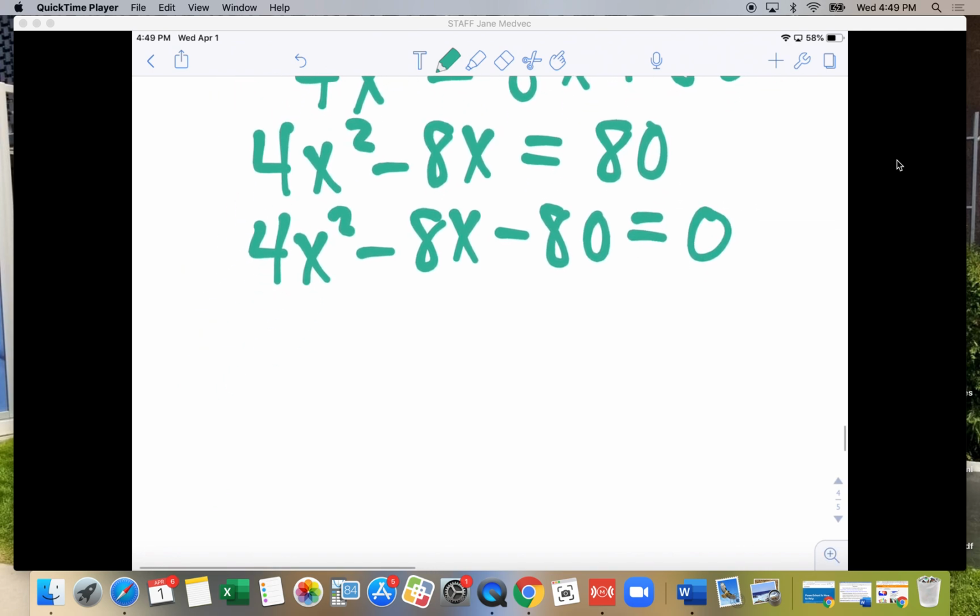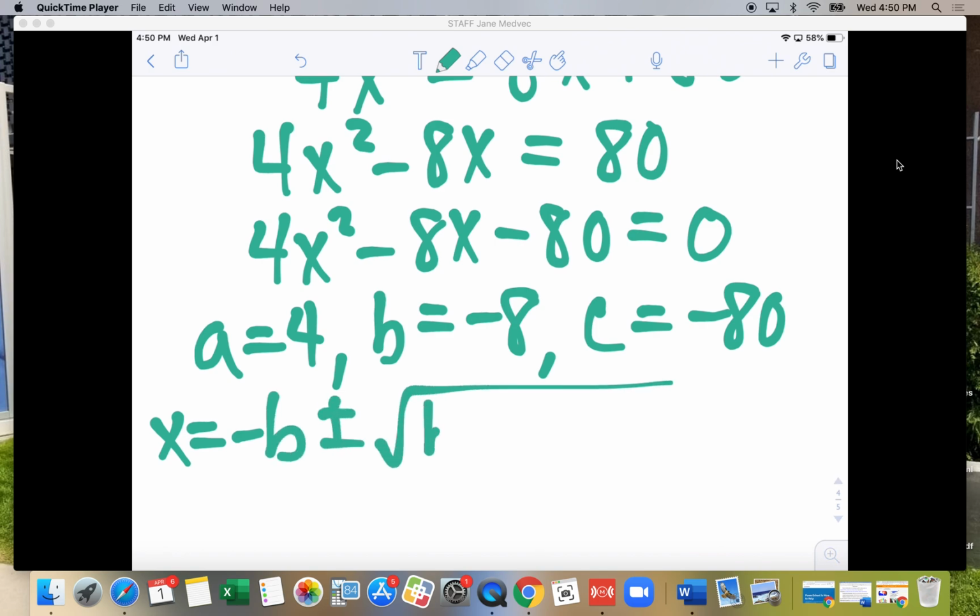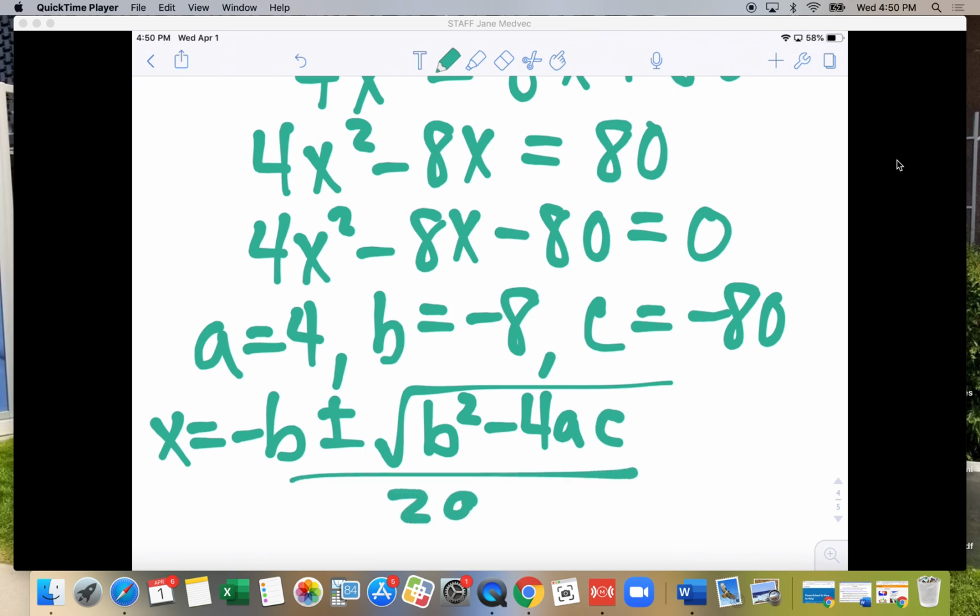Now I have it in standard form, so everything is to one side. My a is 4, my b is negative 8, and my c is negative 80. And again, x equals negative b plus or minus the square root of b squared minus 4ac, all over 2a.